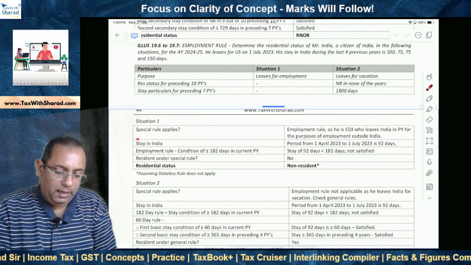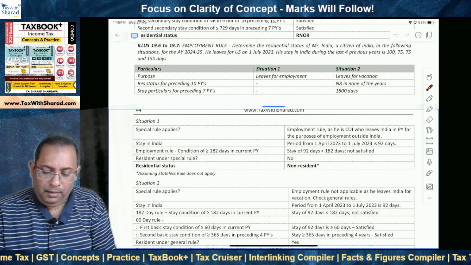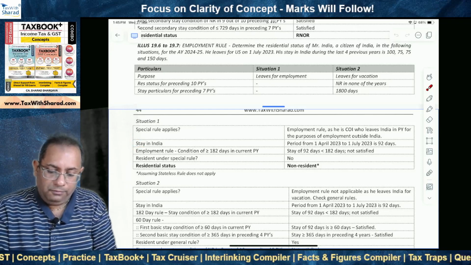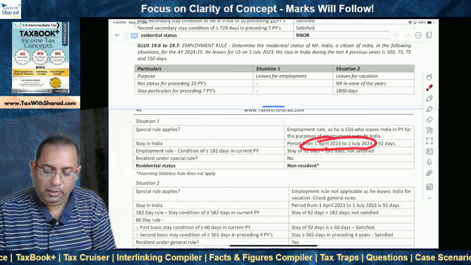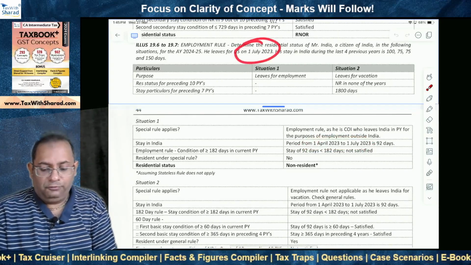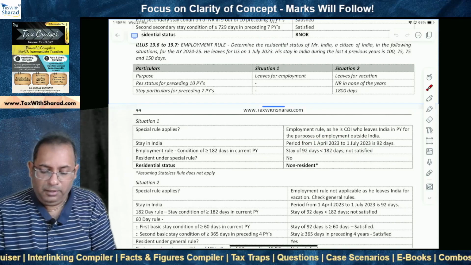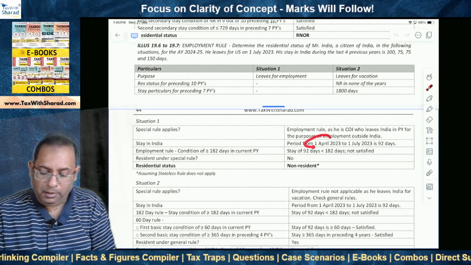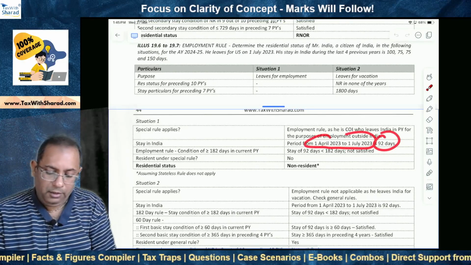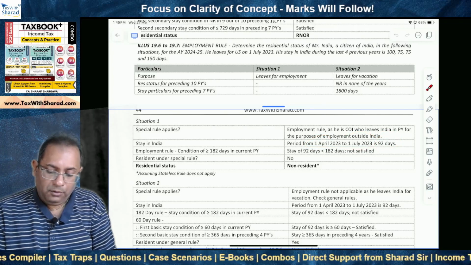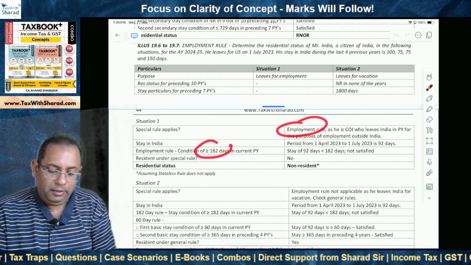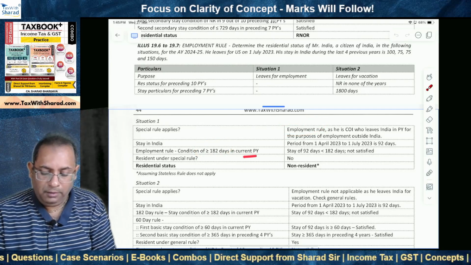A resident. So we calculate the stay in India, and from 1st April 2023 to 1st July 2023, because he is leaving on 1st July, the date of departure from India will be included. So 1st April to 1st July will be a period of 92 days, and now since the employment rule is applicable, the threshold will be 182 days or more in the current previous year.